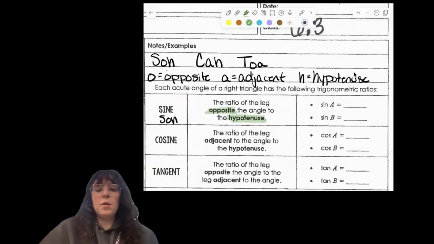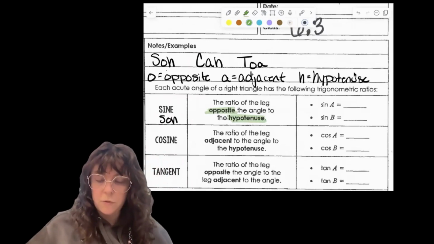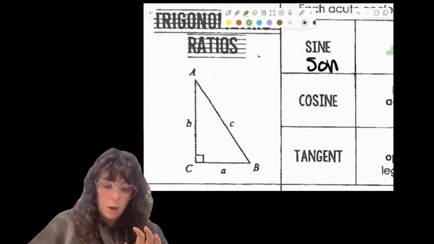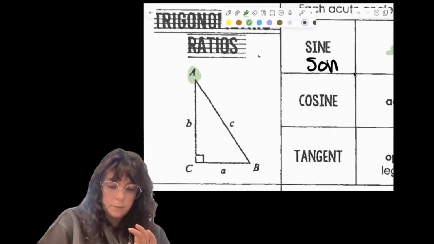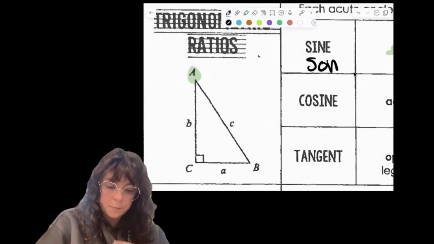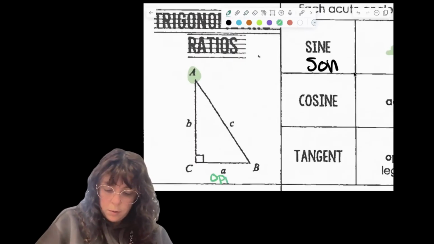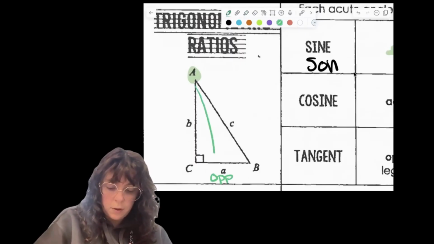So we have the sine of A, which is referring to the angle. Referring to angle A, the sine would be the opposite, because that is the opposite side from that angle, over the hypotenuse. And the hypotenuse is always across from the right angle.